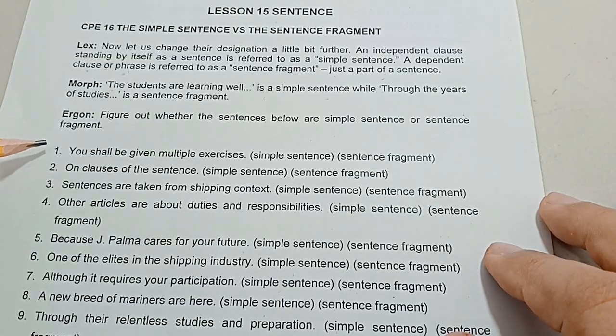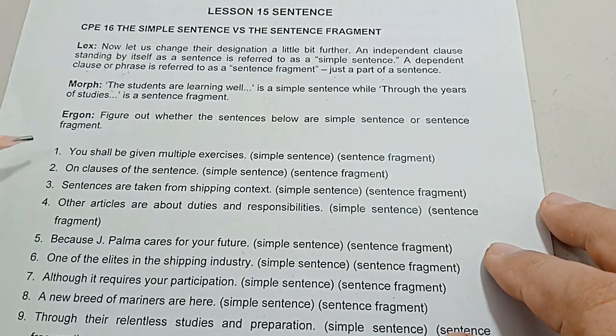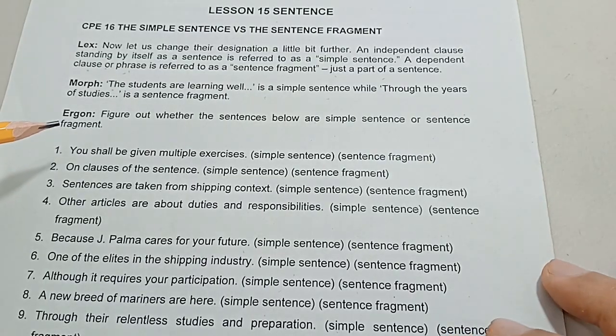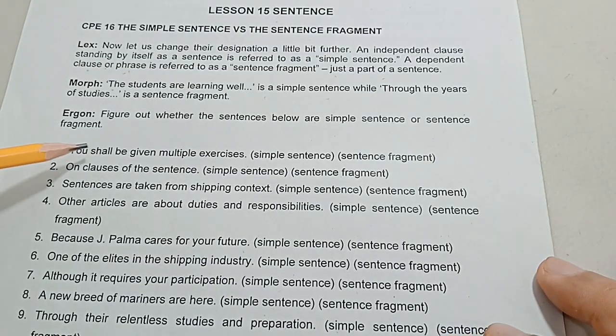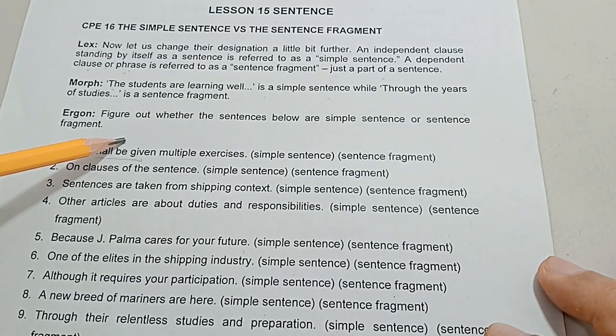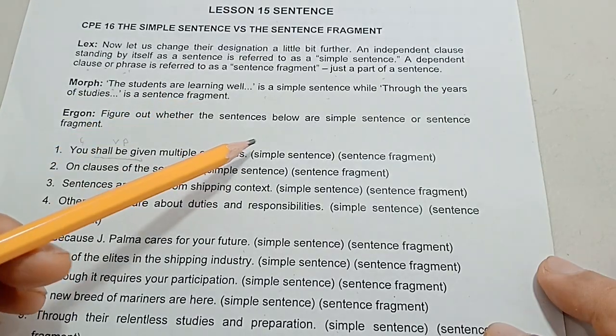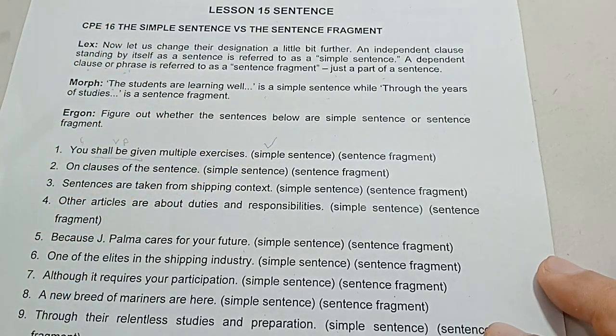So in number one, you shall be given multiple exercises. Because you have the verb phrase "shall be given" and the subject here, this is just a simple sentence.